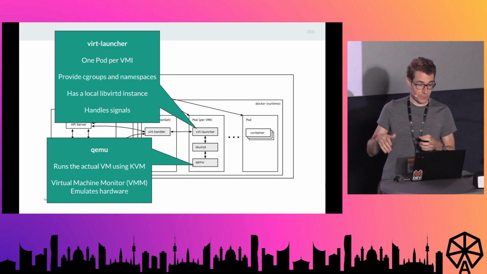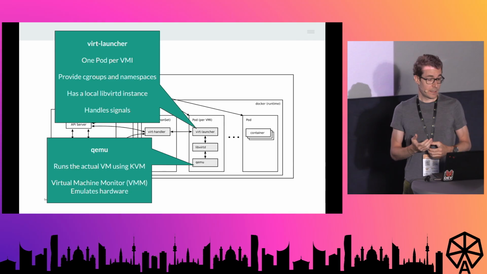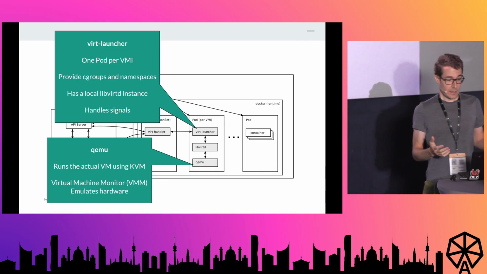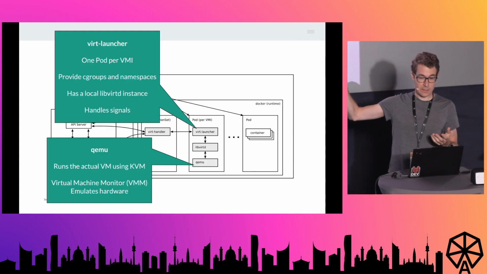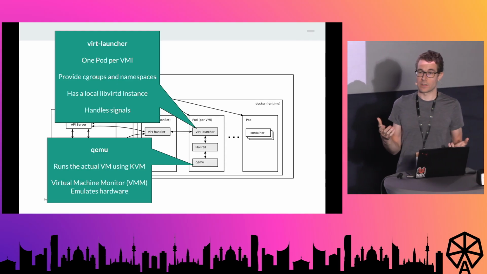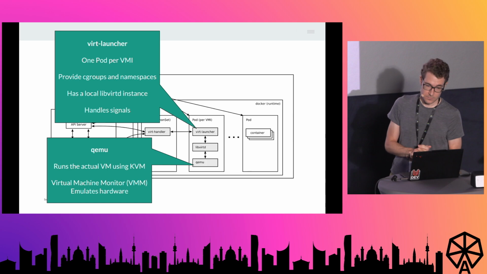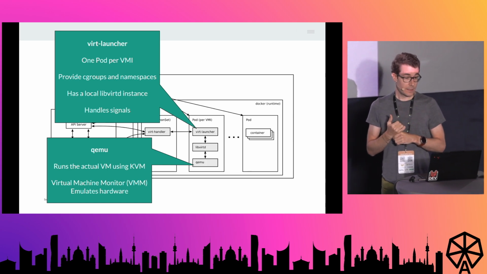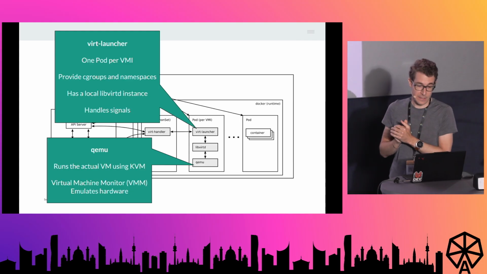Then also on the node, we typically have our VMs, of course. For each VM, you would see a separate pod. This is something we will also see. It's called a Virt launcher, and it runs the QEMU process. This is the process that will be containerized. This pod has a local libvirtd instance, so it has all the KVM stuff in there.